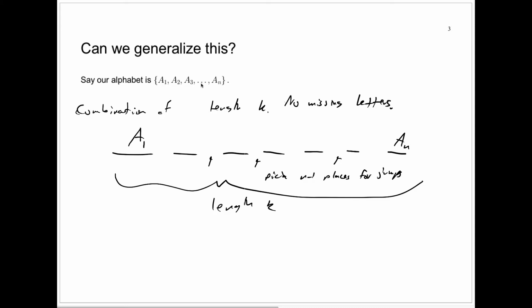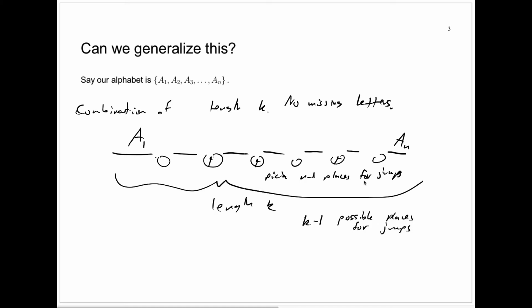I need to pick n minus 1 places for the jumps, and how many possible places are there? The answer is anything between two of the spaces is a possible place for a jump. So there are k minus 1 possible places for the jumps.